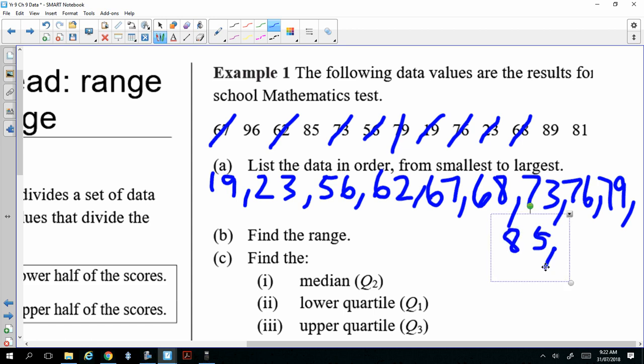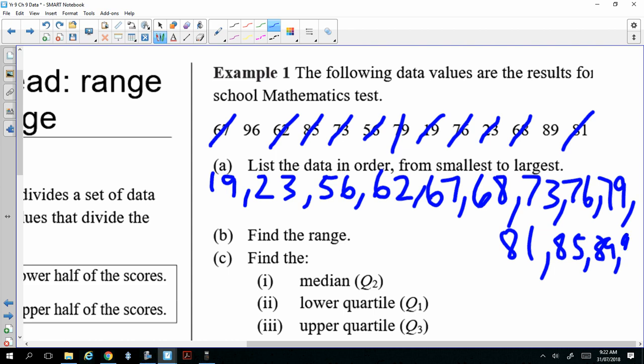Oh, I missed. See, that happens. Yeah, you're right. 85, 89, 96. Okay, good. All right, put them from smallest to highest.